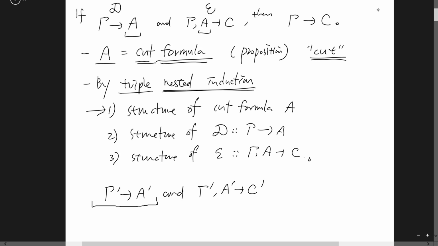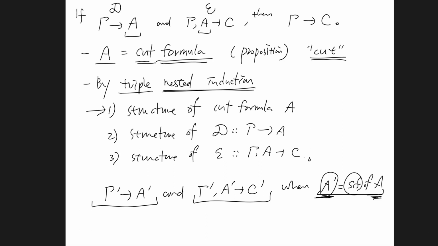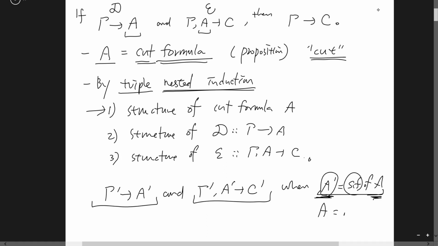So we have these two sequents where A prime is a subformula of A. So A prime is strictly smaller than A. So for example, A could be A1 implies A2, and A prime could be just A1.